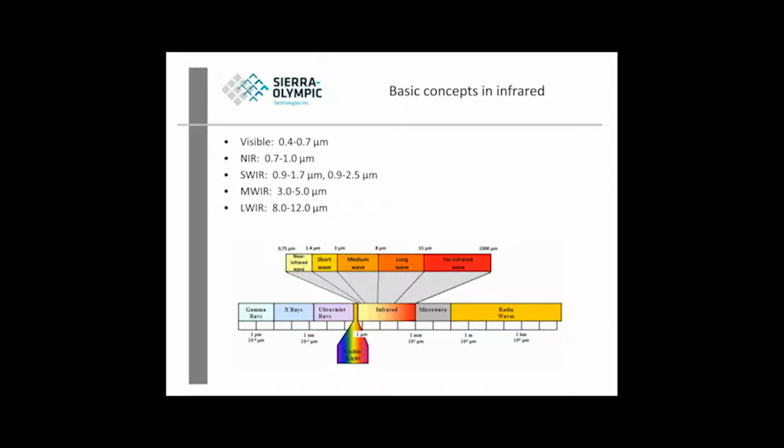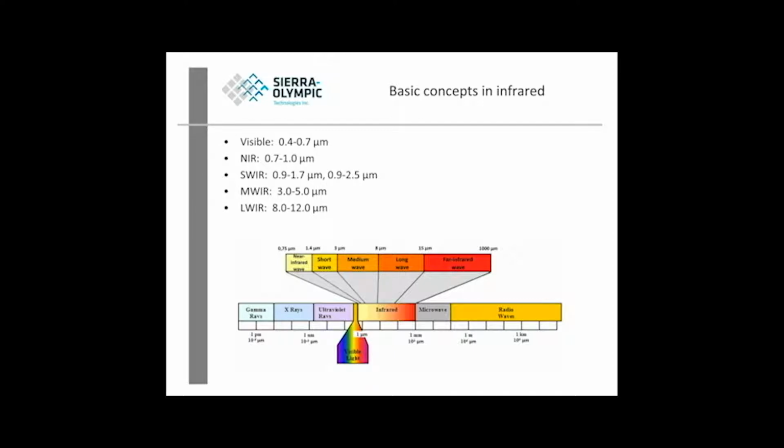You see the visible light, what our eyes see, between 0.4 and 0.7 microns. Those are the colors, red through violet. You've seen your rainbows, and that's what our eyeballs see. I call that the visible spectrum. I call near infrared the 700 to 1000 nanometer or 0.7 to 1.0 micron waveband.